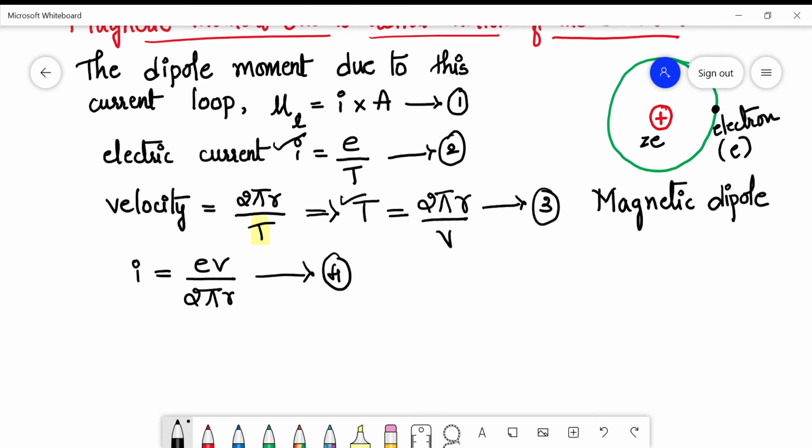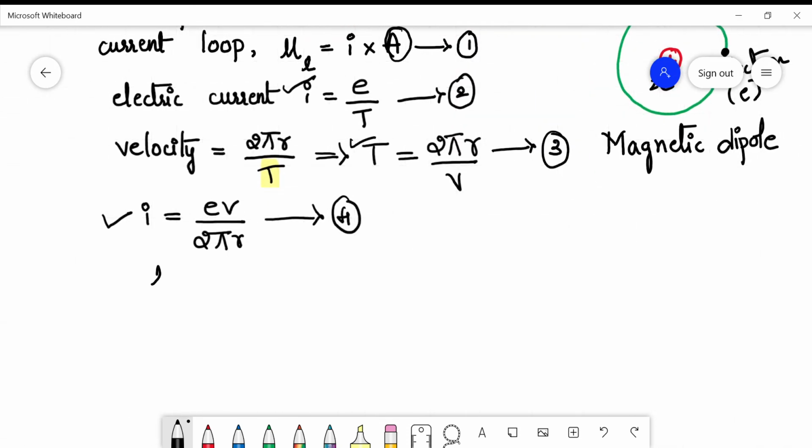Now substituting equation number 4 and the area of the orbit in equation number 1, mu L is equal to I into A. The current is e V divided by 2 pi r, into the area of a circular path, pi r squared. Now r and r get cancelled, pi and pi get cancelled.